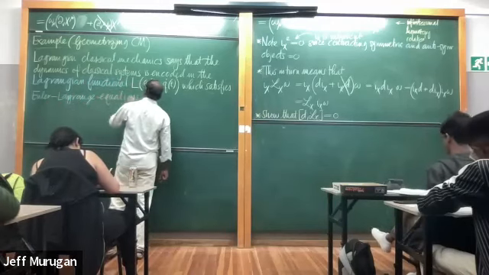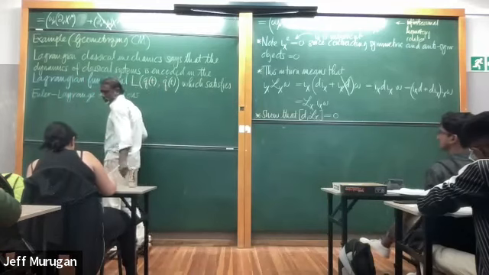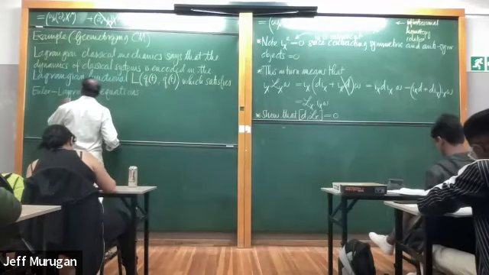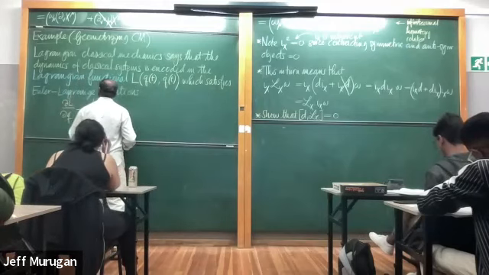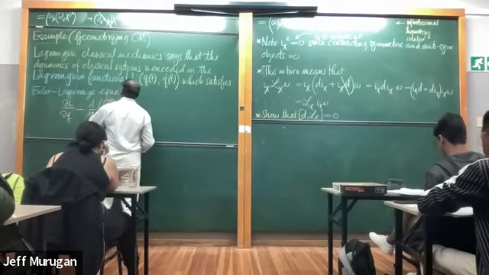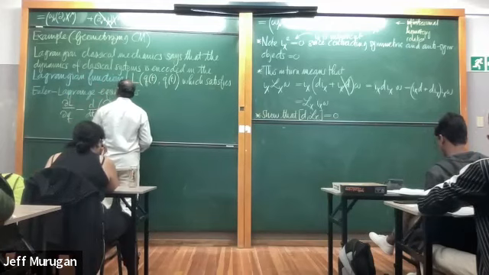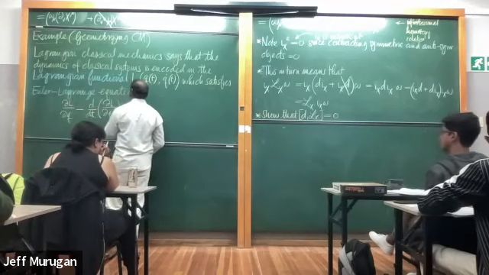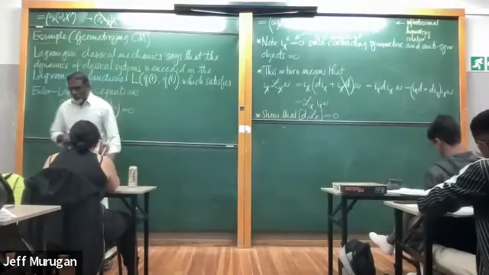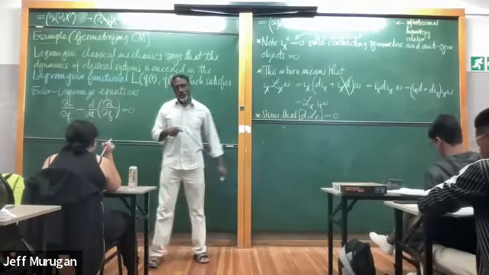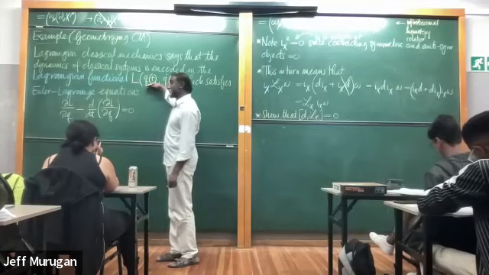The Euler-Lagrange equations for the system basically just say that the derivative of L with respect to q minus d by dt of the derivative of L with respect to q dot is equal to 0. More generally, I can take a system which has, let's say, n degrees of freedom.